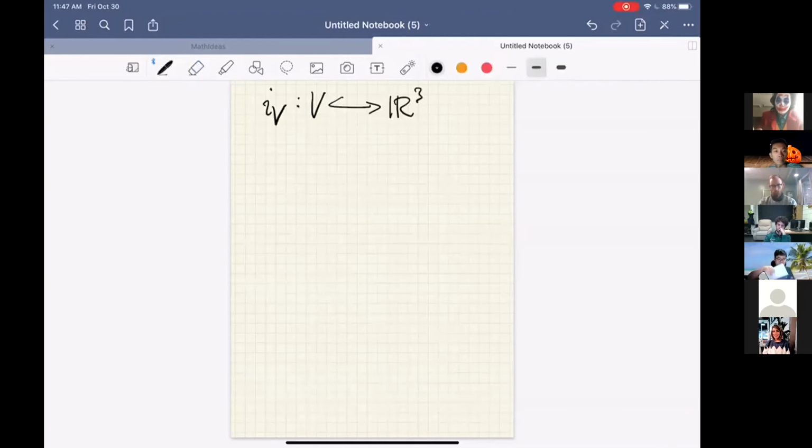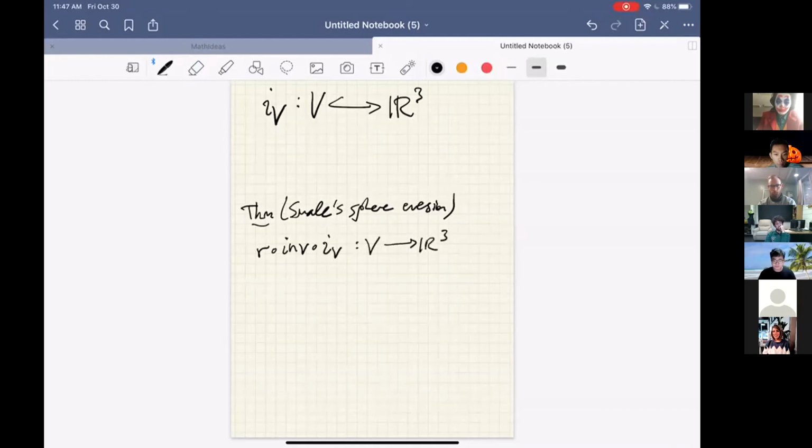And then here's the theorem of Smale. You look at the maps, R composed with inversion, composed with the inclusion, and you look at the map, the inclusion. So these are not only homotopic, but they're homotopic along immersions.